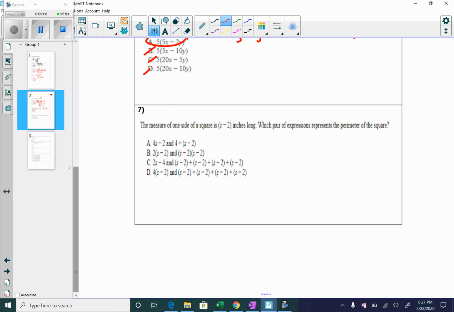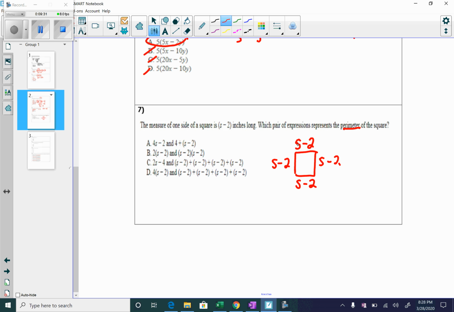Number 7, again, anytime they're talking about perimeter, I would always draw the picture. So they're asking us for the perimeter of the square. So each side is s minus 2. So that means there's 4 sides that are s minus 2.